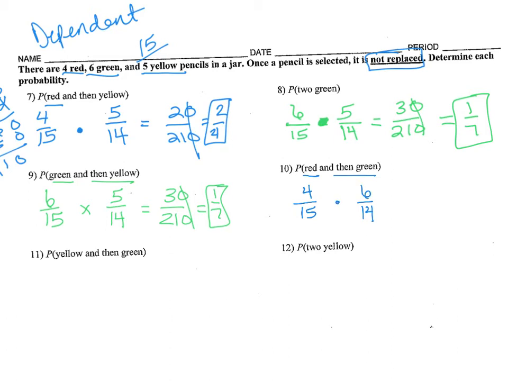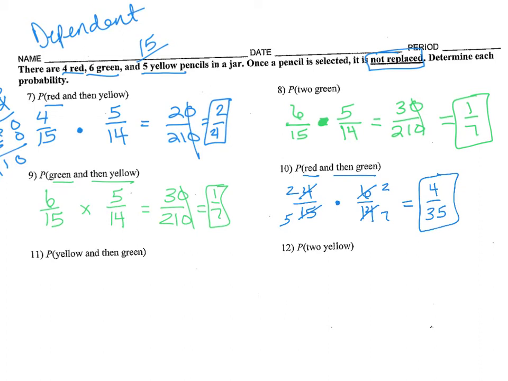What you guys can do also is cross simplify. 2 will go into both 4 and 14, so it'd be 2 and then 7. And then 15 and 6, what's the greatest common factor? 3. 3 will go into 6 2 times, 3 will go into 15 5 times. So it's 4/35. That's way easier than the big numbers.